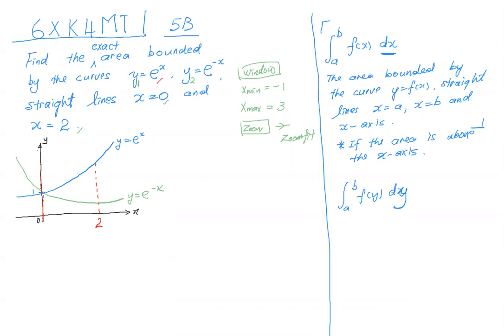One, that is here. Second one, which is this one. x equal to 0 is here. x equal to 2 is this one. So it makes an enclosed area, am I right?